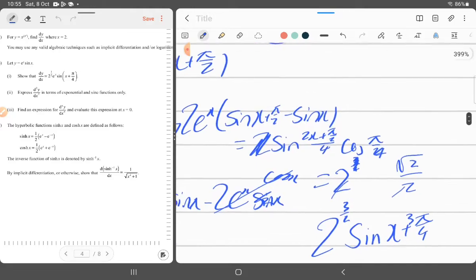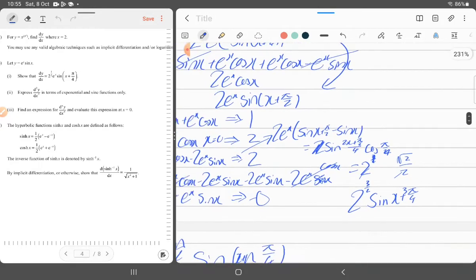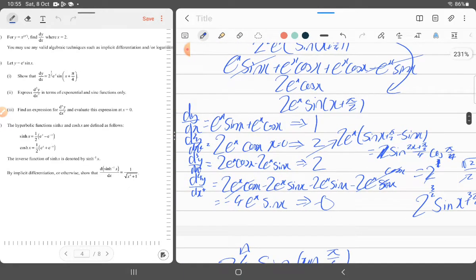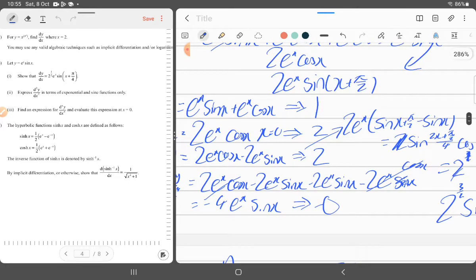we add to each x cosine x to e to the power of x cosine x take away 2x just equal to e to the power of x brackets x plus take away sine x.